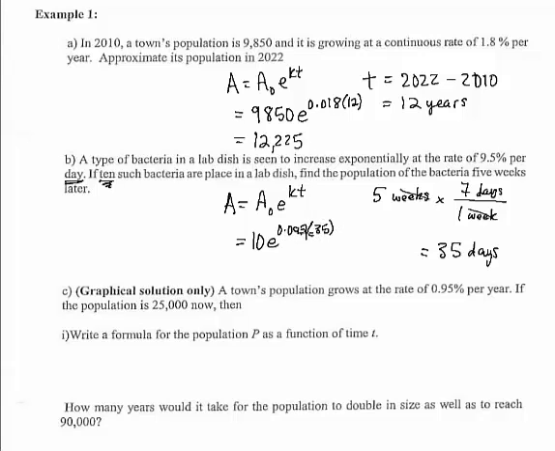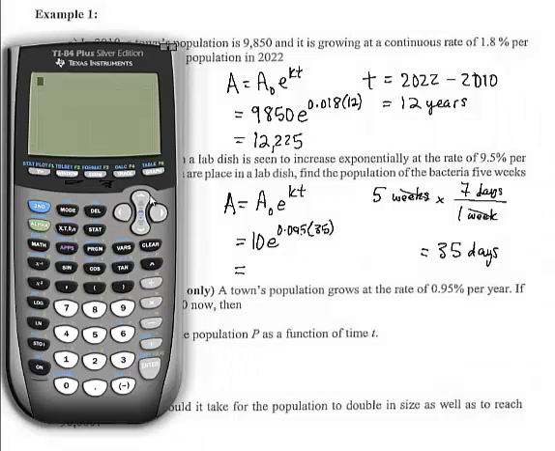So this is 0.095 per day, and so we multiply by the number of days. At this point we need to call in our calculator, and we would take 10 and multiply it by the natural exponential function with 0.095 times 35 as our exponent. Enter. 277.9899. I'll round it to 278.